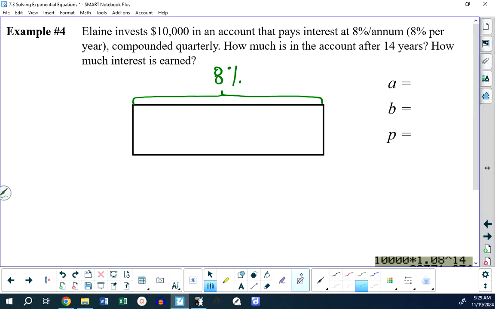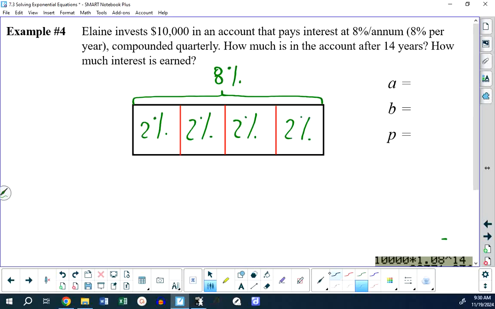So if we visualize this as being cut into chunks of 4 quarters, what this means is she's going to get 2% in each quarter. That's what 8% per year compounded quarterly means.